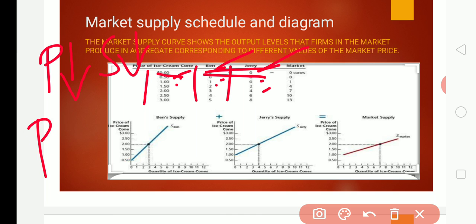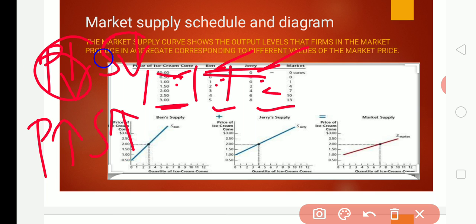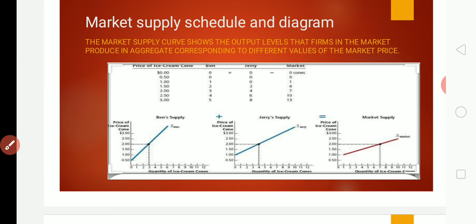And when the price is more, the supply also increases. See here 254 and here it is 6. When the price is 3, Ben is supplying 5 and Jerry is supplying 8. That means when the price was less, the supply was less, and when the price was more, the supply was more. This is what the schedule indicates.